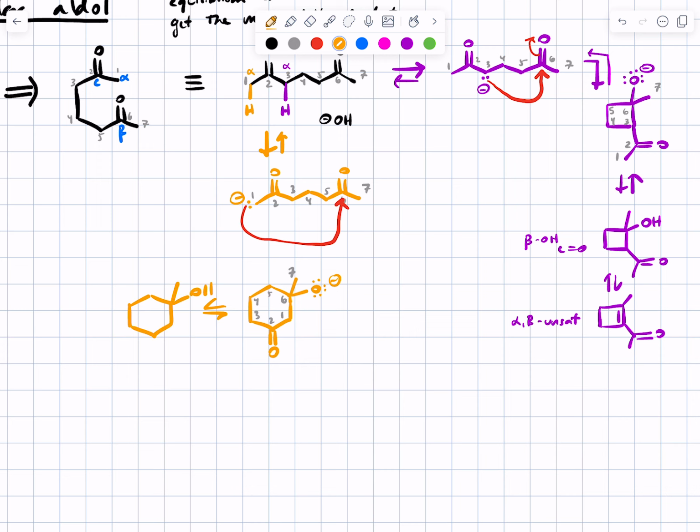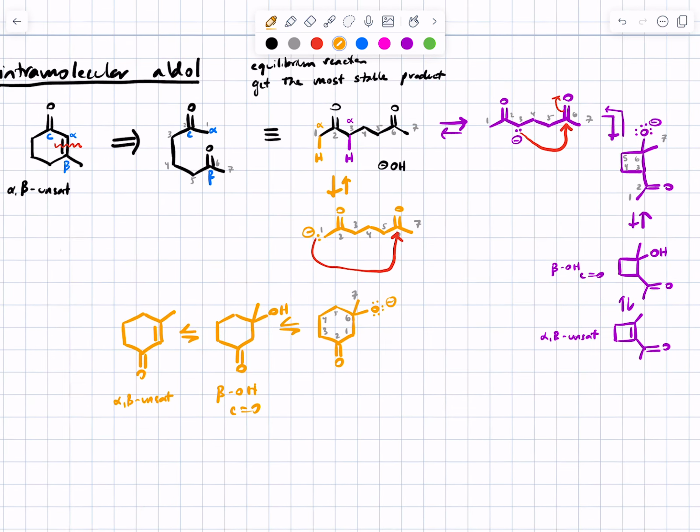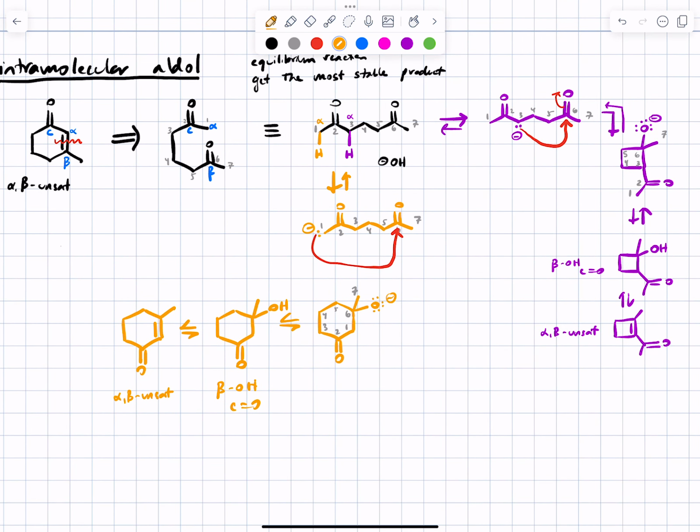We protonate on the OH group, and we end up with this beta hydroxy carbonyl compound. And then if we deprotonate, if we do the E1CB reaction to dehydrate, we get this alpha beta unsaturated carbonyl compound. So we have 2 possibilities.